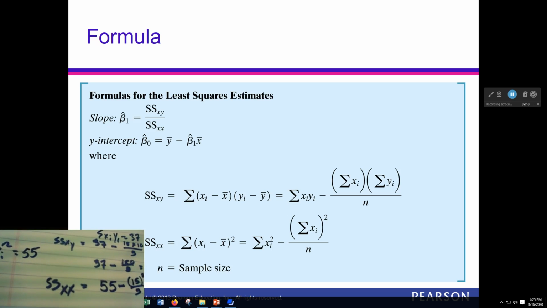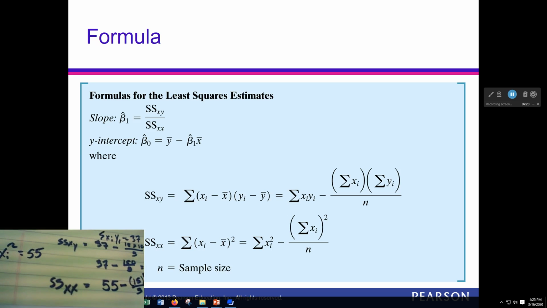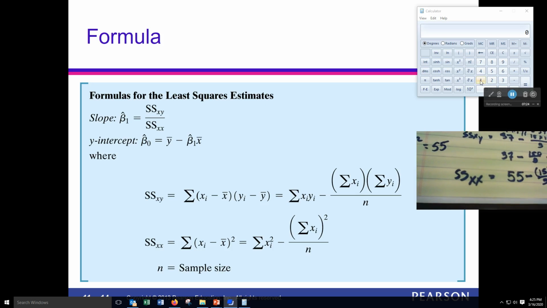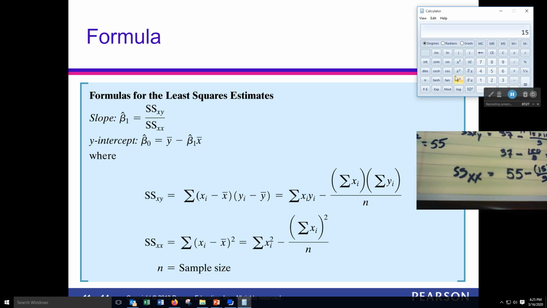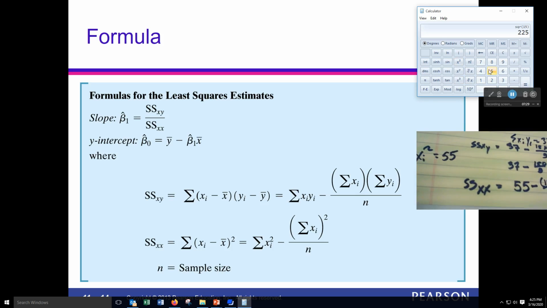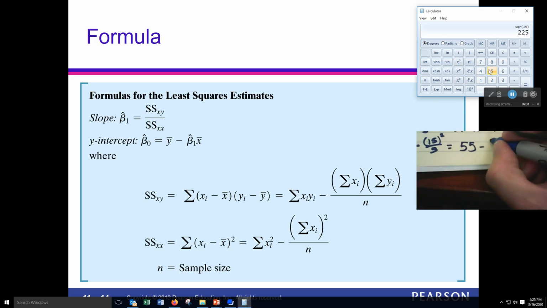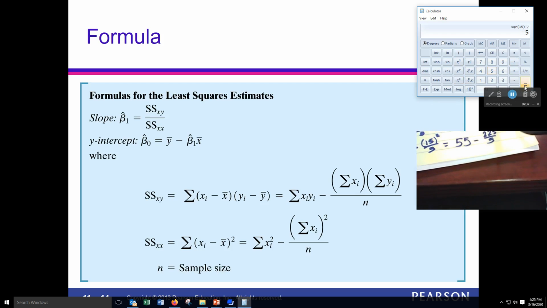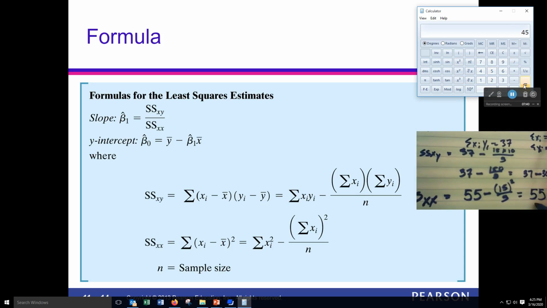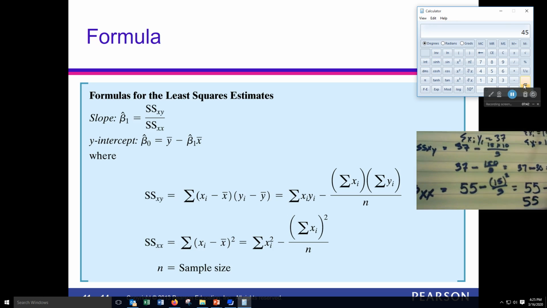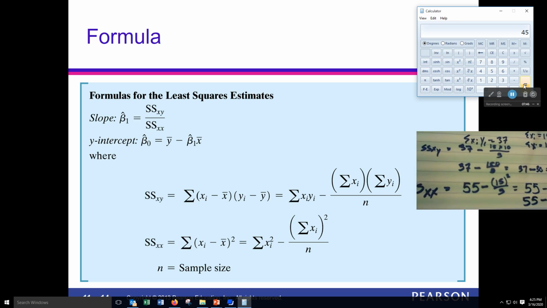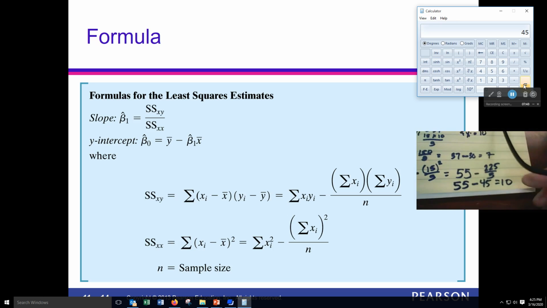Here I've got my calculator, I'm going to take 15 and square it, which is 225 over 5. So now I'm going to divide that by 5, and that gives me 45. So I've got 55 minus 45, and that is equal to 10.